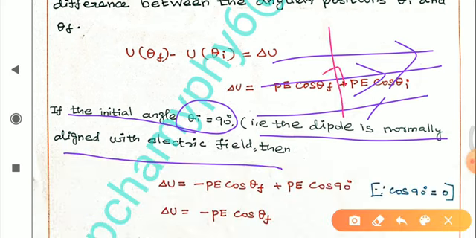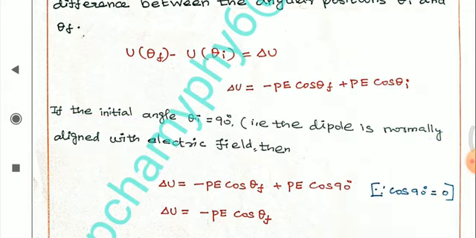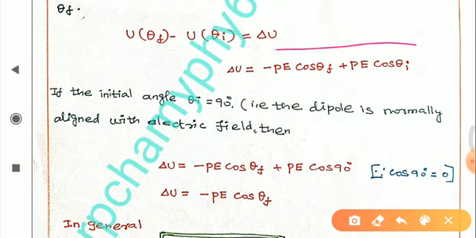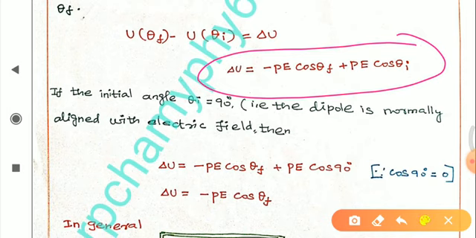We have considered that the initial angle theta is 90, meaning the dipole is normally aligned with the electric field. Then what will be the formula? In this formula we just substitute the value of the angle: angle 90 means we substitute minus PE cos 90 plus PE cos 90.